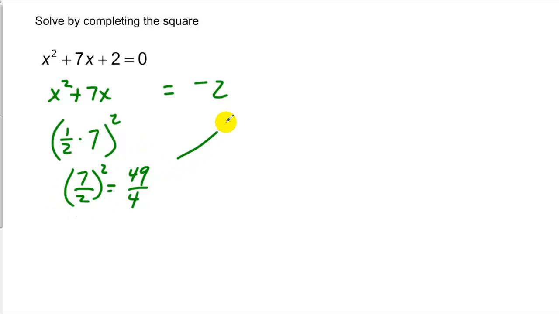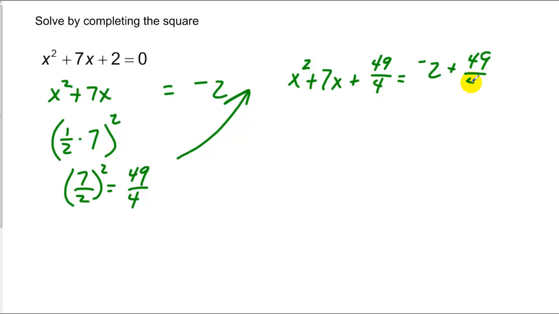So now I'm going to bring this over to here. I have x squared plus 7x plus 49 over 4 is equal to negative 2 plus 49 over 4, or x squared plus 7x plus 49 over 4 equals negative 8 over 4, which is the same as negative 2, plus 49 over 4.